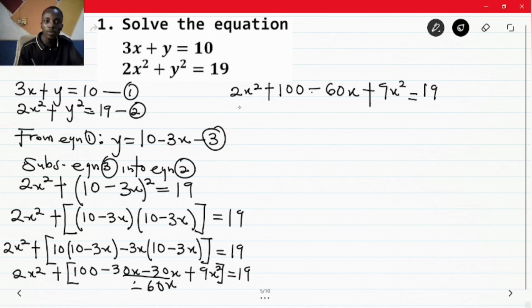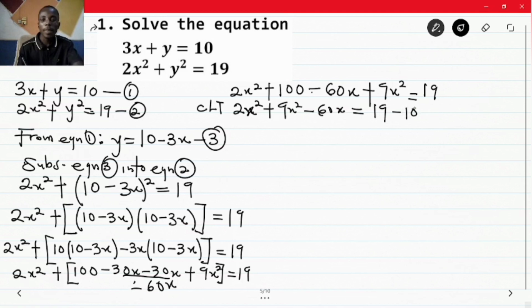So I'll move on. I'm trying to collect like terms here: 2x squared plus 9x squared minus 60x equals 19 minus 100.